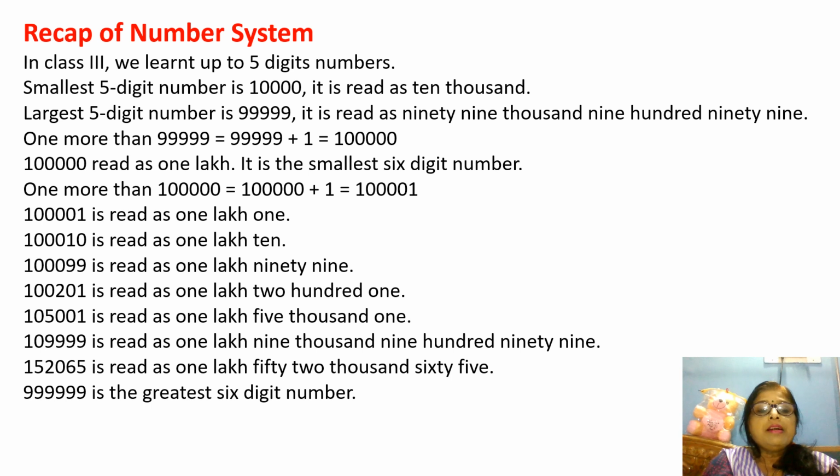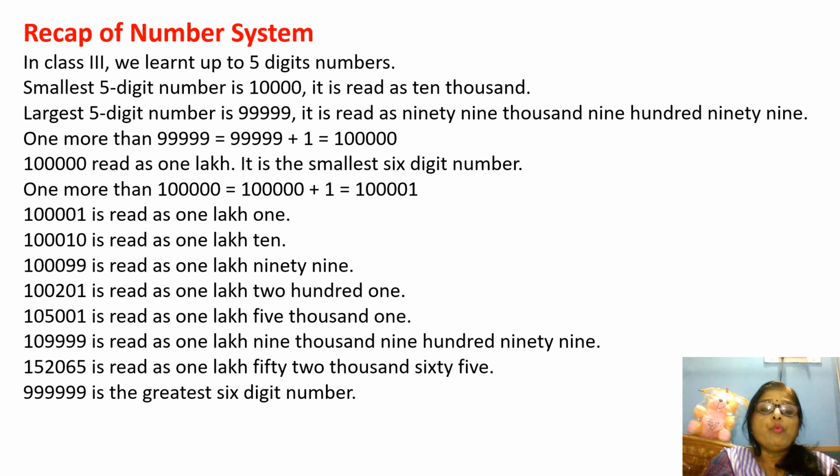My dear children, this is the recap of number system. Already in class 3, you have learned up to 5-digit numbers. As you know, the smallest 5-digit number is 10,000, and the largest 5-digit number is 99,999, and it is written in this way.